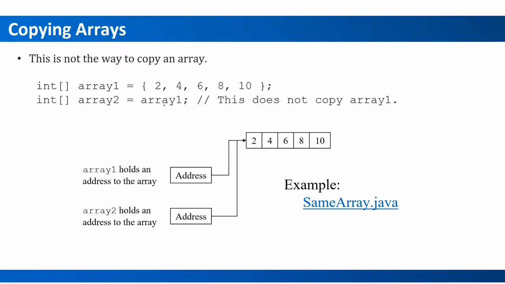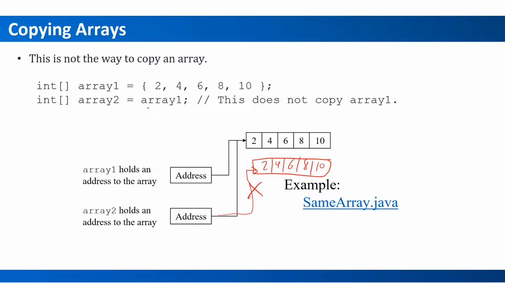Now here, if you remember, an array is an object. If you do something like this, this is not really copying. When we did this, we would be hoping that it's going to create a completely new array in the memory that has 2, 4, 6, 8, 10, and that array2 is going to point to it, and this is not what's going to happen.